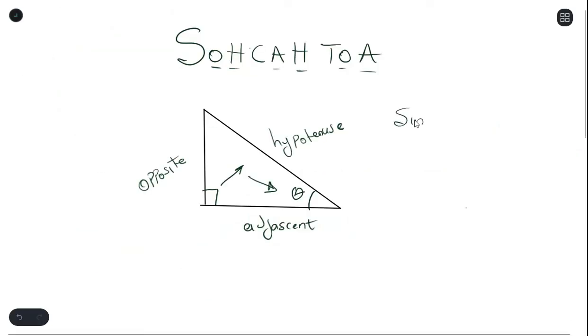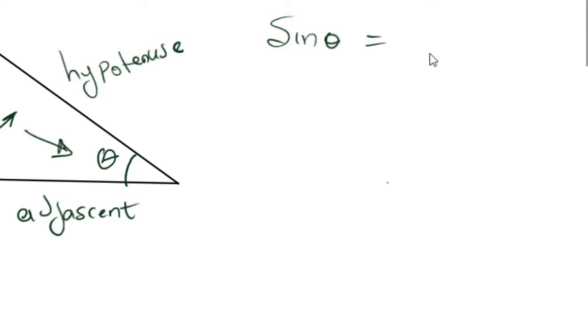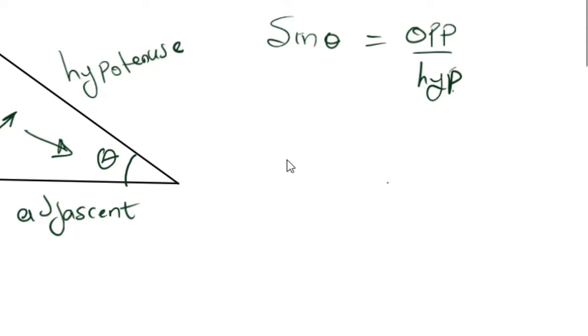So what this means for sine, which is the SOH part of your SOH CAH TOA, is that your sine theta can be represented as opposite over hypotenuse. So that's your SOH. The CAH part is your cos. So cos theta can be represented as adjacent over hypotenuse.